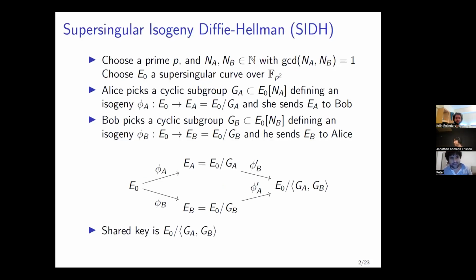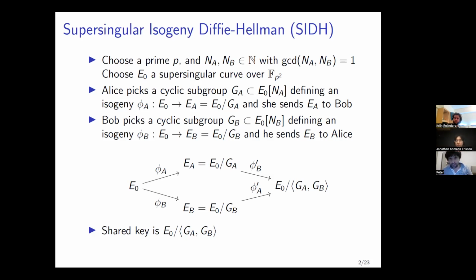So the first slide, as is often usual with isogeny-based crypto talks, is a slide about SIDH. Because originally this project started as a different cryptanalysis project on SIDH, long ago when SIDH was not actually broken.